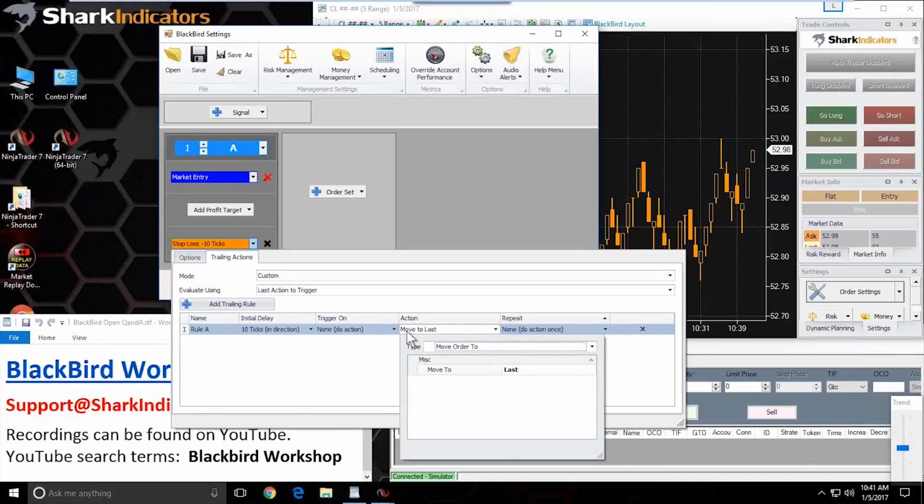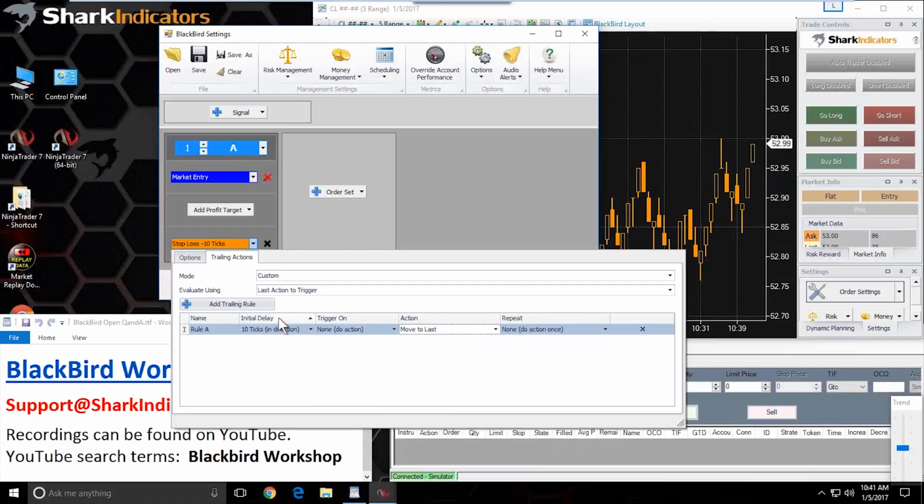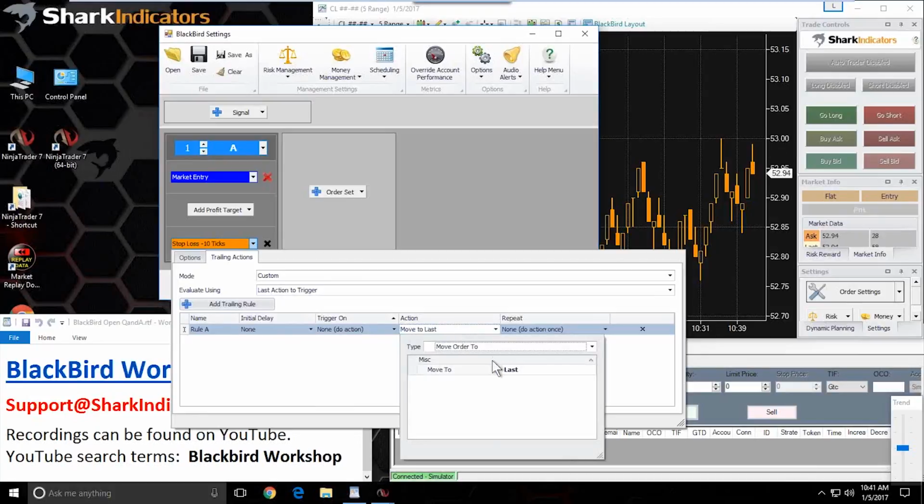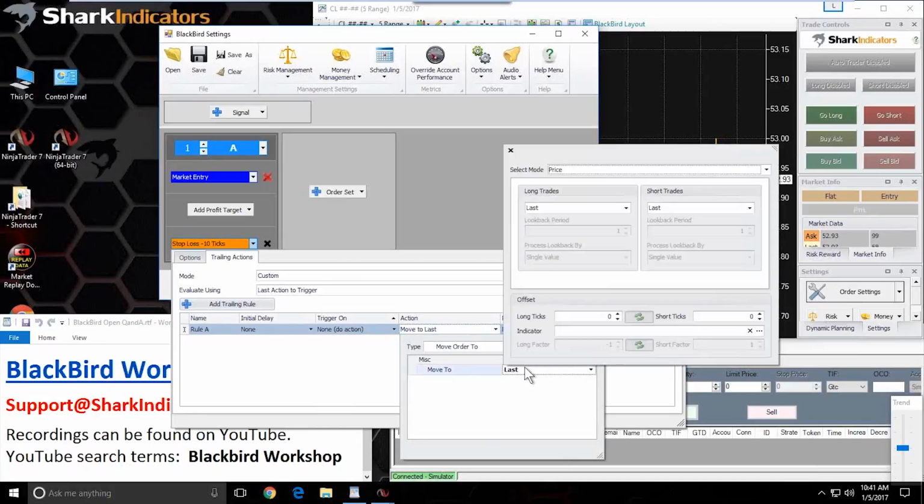When it comes to using the delay and the trigger, you can use both, you could use one or the other, or maybe you could use none. Your initial delay and your trigger could both be set to none, which means this trailing rule just starts executing instantaneously. Now we've set up an example.